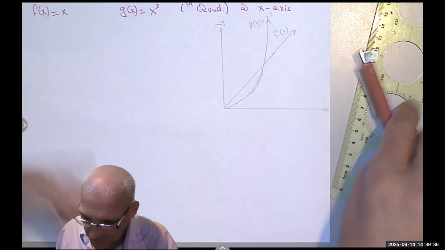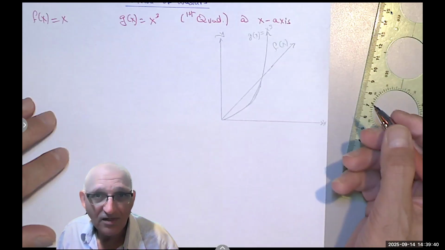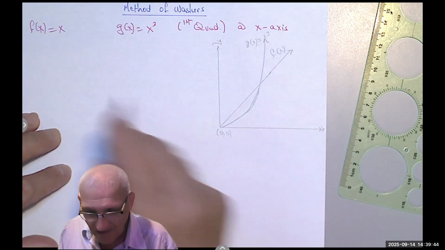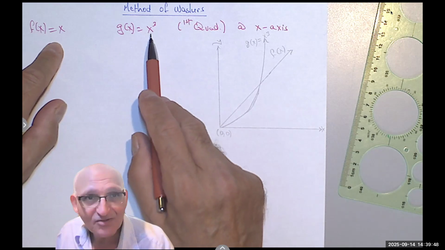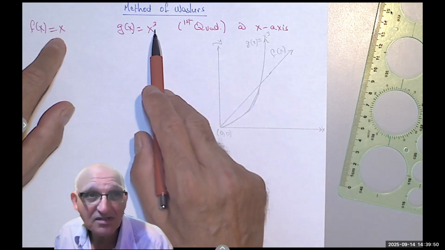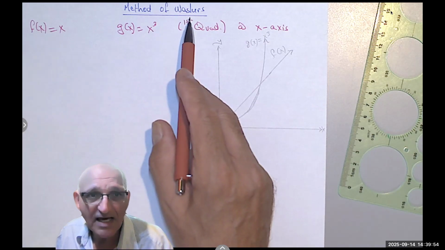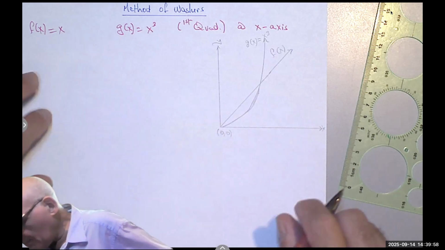We need to find the points of intersection. Again, by inspection, we know it's (0, 0) and (1, 1), right? That's the only place in the whole 2D plane where x equals x cubed. You can solve x equals x cubed: you factor out x and you get x squared minus 1.